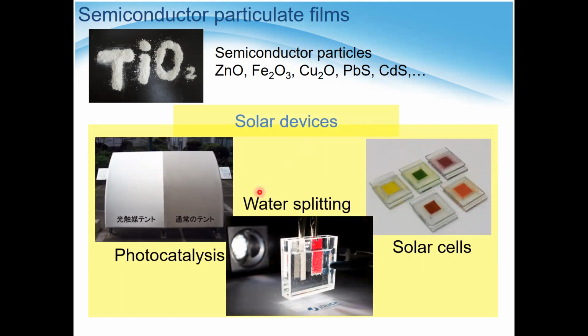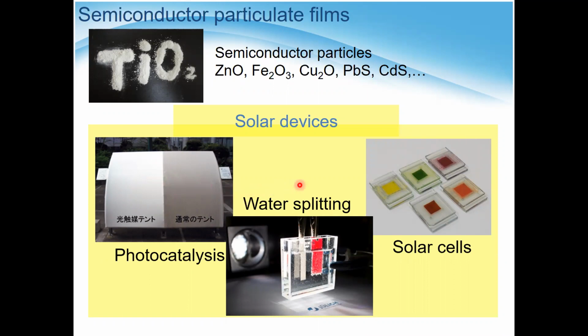For example, in photocatalysis, if you have organic dirty materials on the wall or surface, and one part of here is coated by photocatalysis using the sunlight energy, it can decompose the organic materials into the water and CO2.